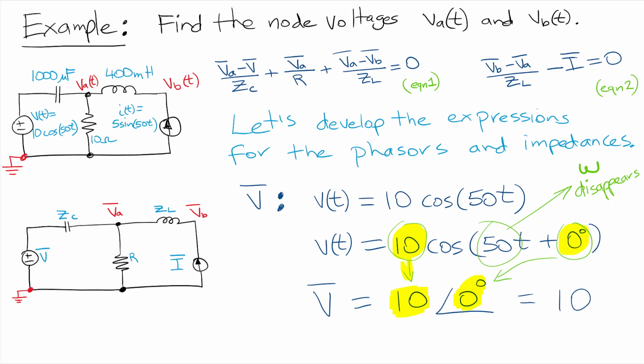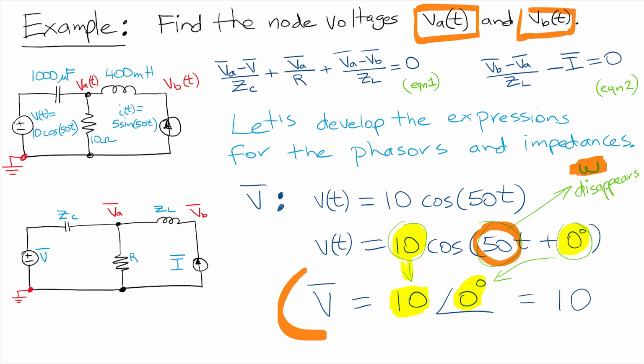So what happens to this 50? So that 50, as you might recall, is omega. And that disappears when we translate to our phasor. Okay? Now, it's still part of the system. That 50 doesn't go away, and we'll see that it comes back later when we make the final expressions for VA and VB.